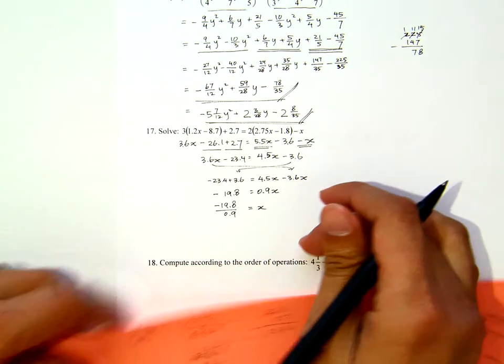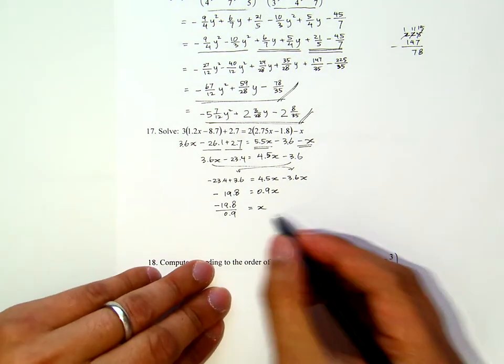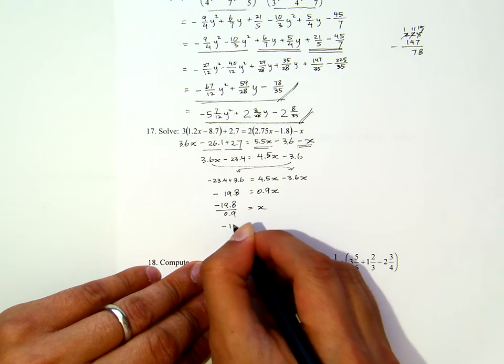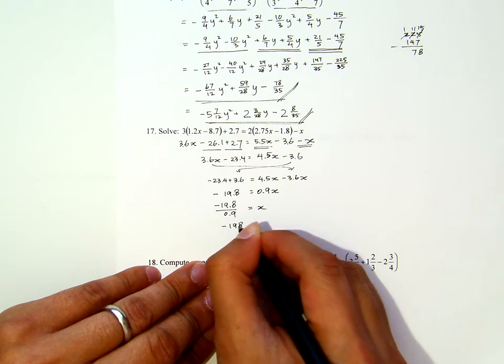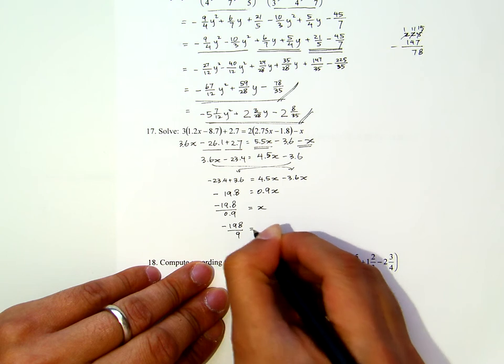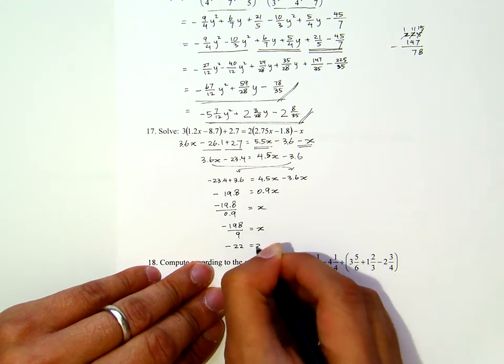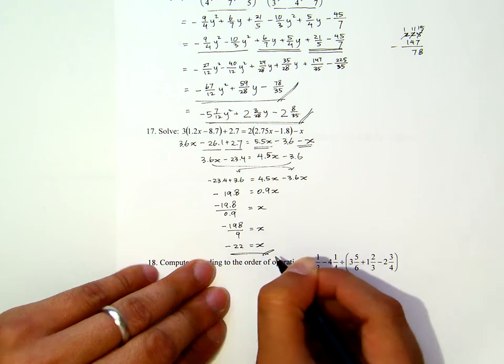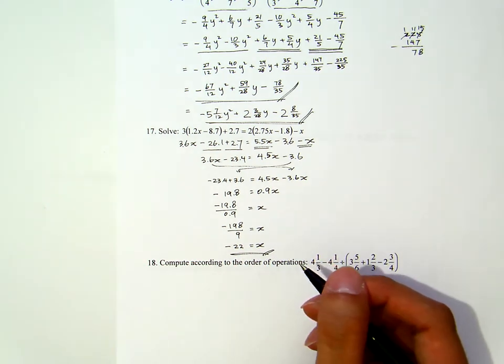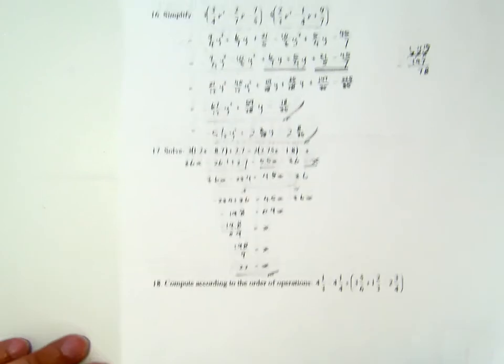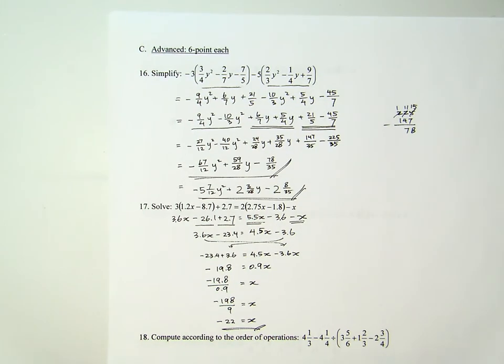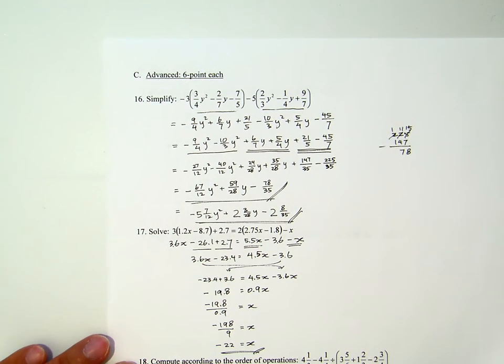To divide by a decimal, I will move the decimal point first. Negative 198 over 9 equals x, and you will see this is negative 22 equals x. This is for Spring 2012 Test 1, number 16 and number 17.